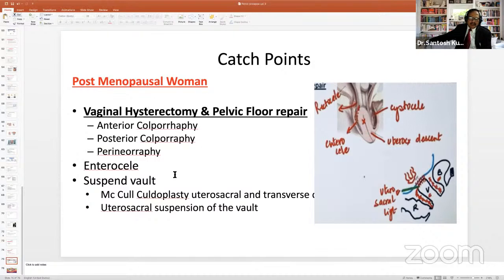When you are repairing from the vagina, mesh needs to be avoided, because more complications come when you use mesh from the vaginal side. But if you are using mesh from the abdominal side, chances of infection are less, and chances of extrusion are less.